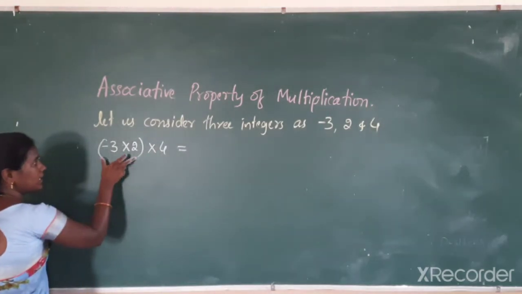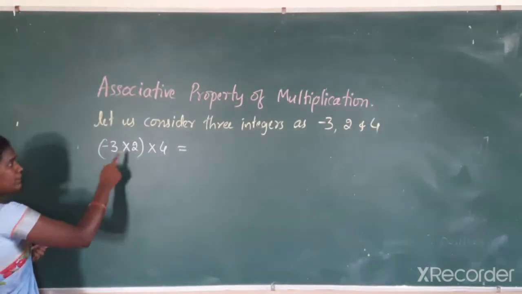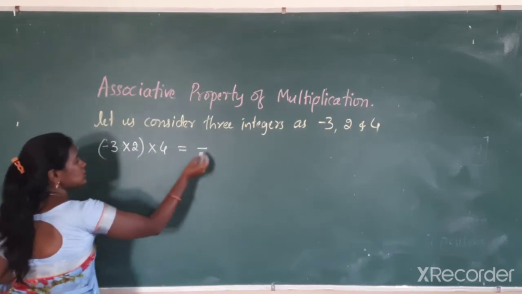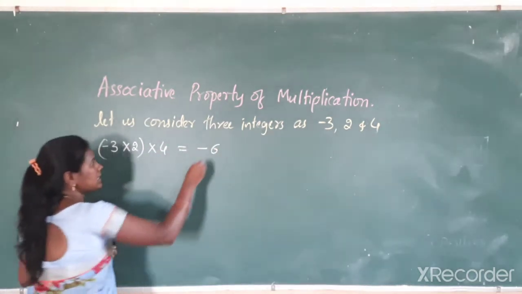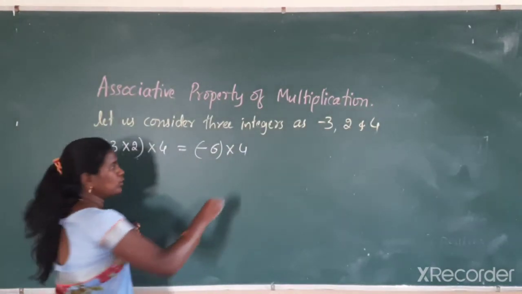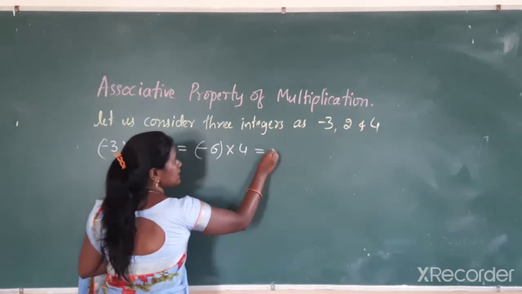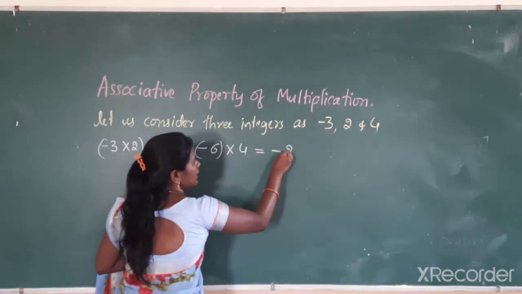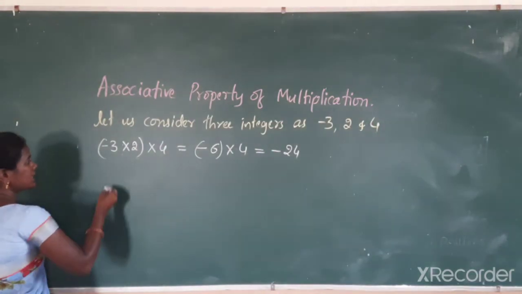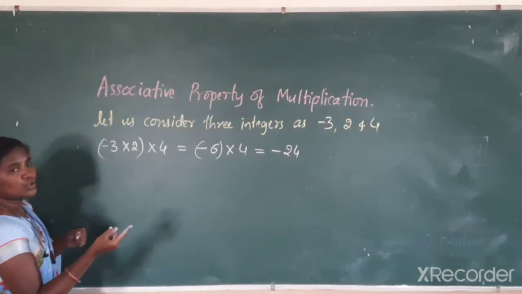These two are in the bracket, so multiply: minus into plus is minus, 3 twos are 6, so -6 into 4. Minus into plus is minus, 6 fours are 24, so -24. Next, now change the groups.